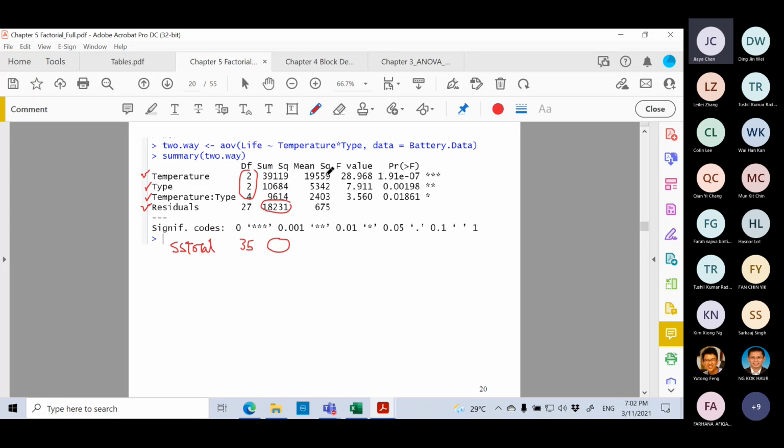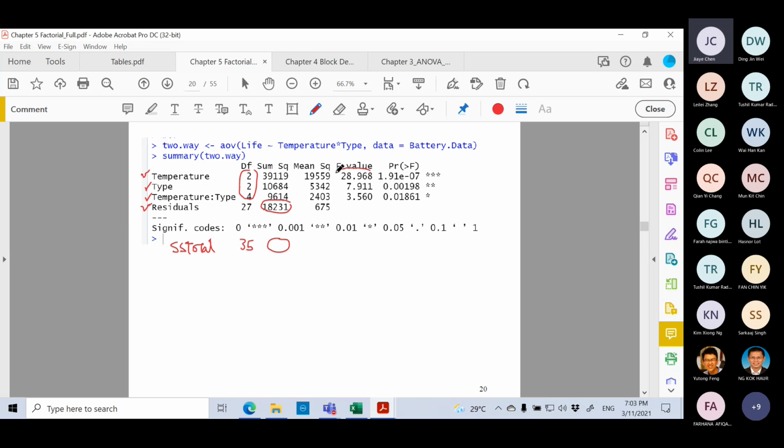After that, you get your mean squares, and then you have the F statistic here. Since you have already studied this course, you definitely know that the F value here is obtained from the mean square for the temperature divided by the mean square for the residue.